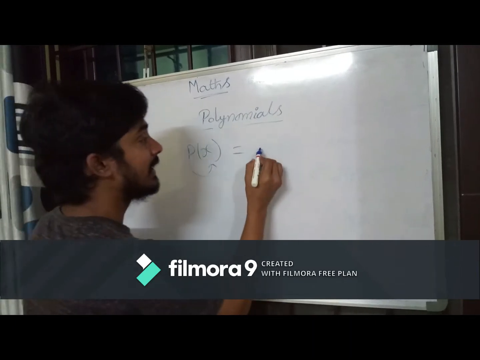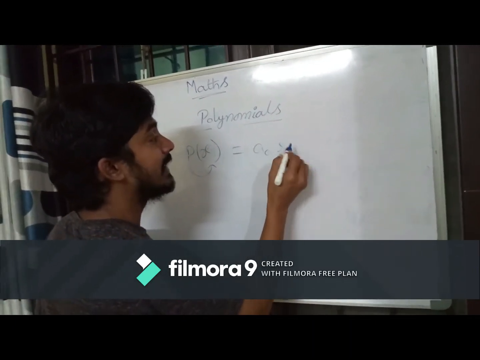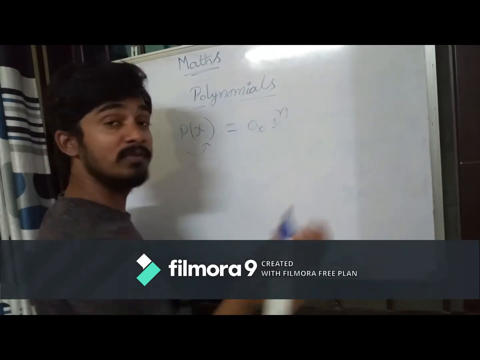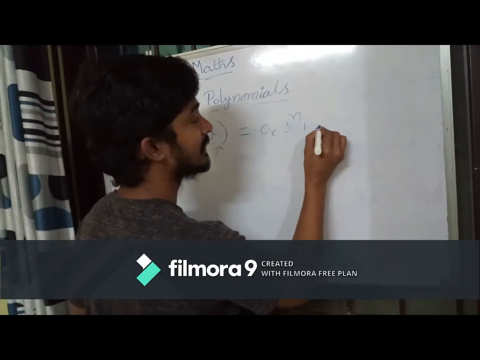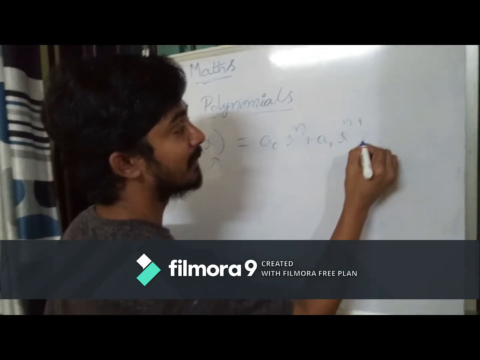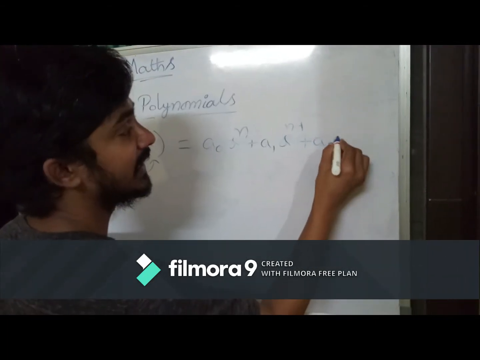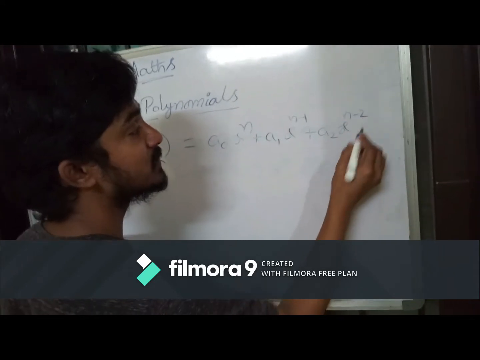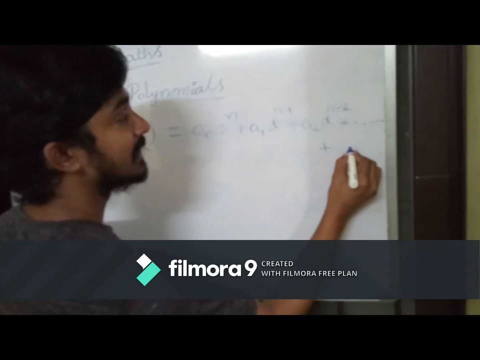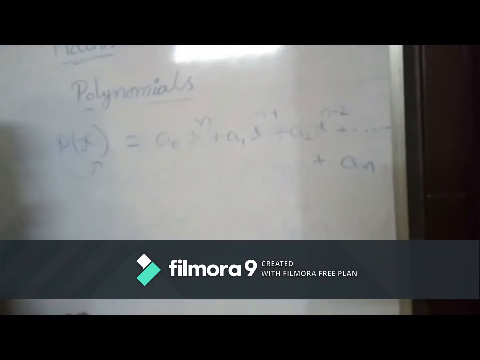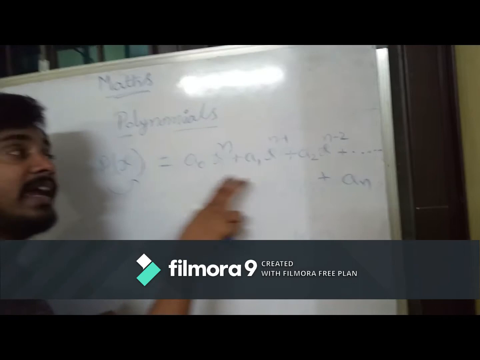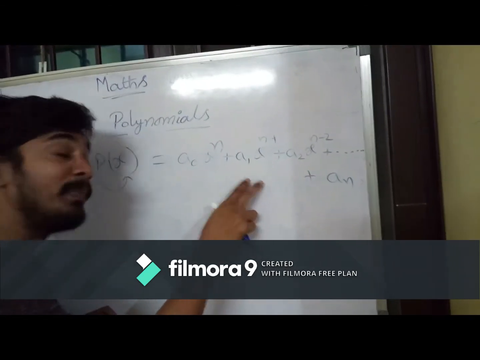It is a naught x power n plus a1 x power n minus 1 plus a2 x power n minus 2 plus and so on plus an. This one is the general form of a polynomial p of x.